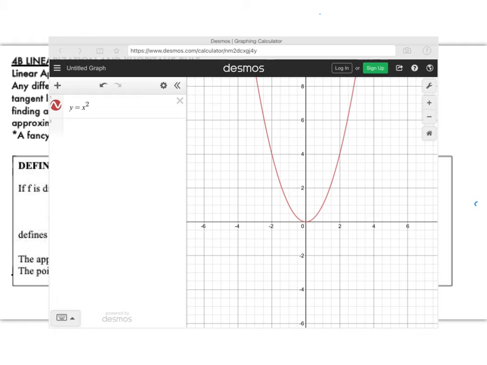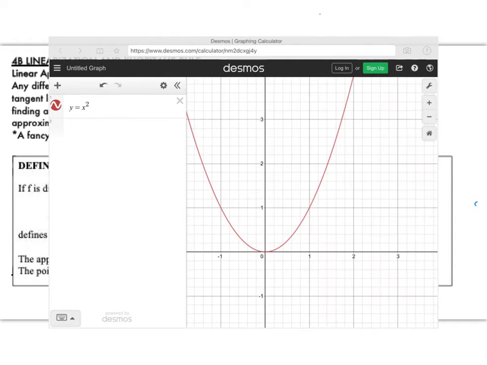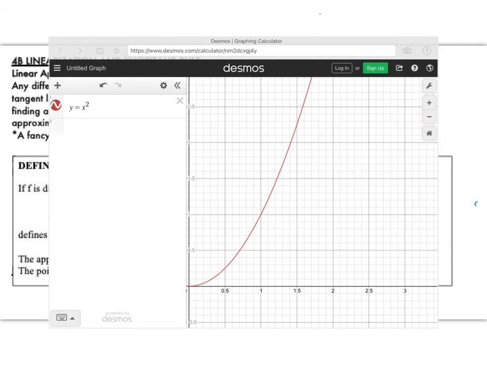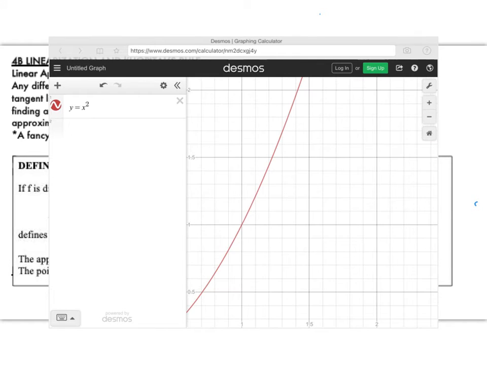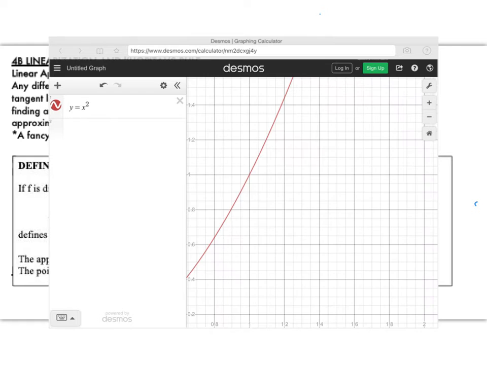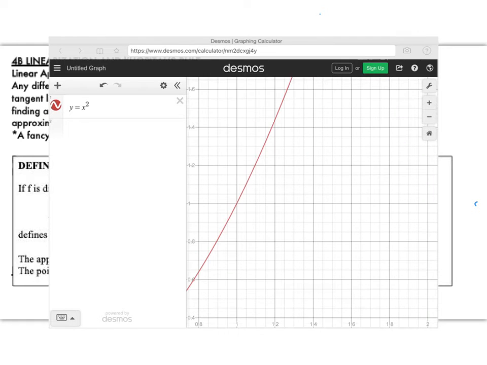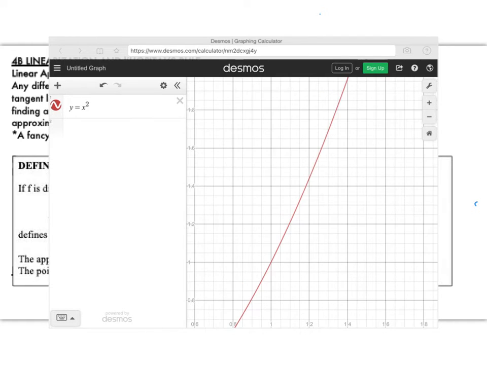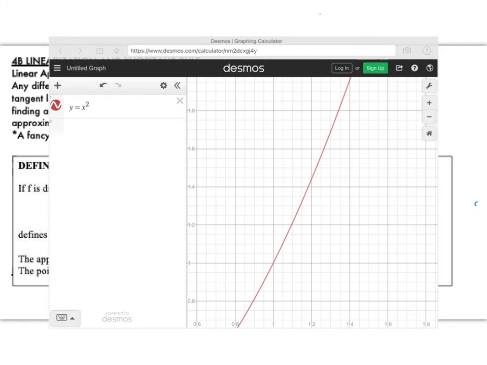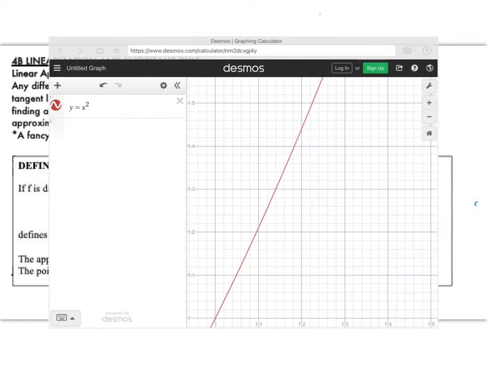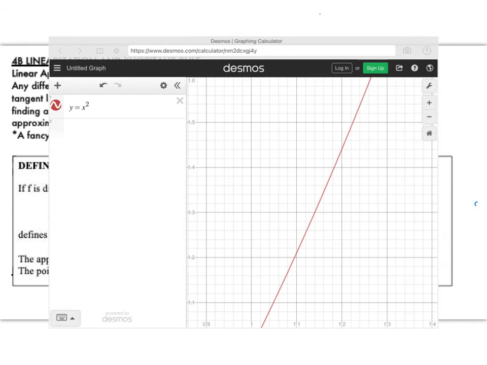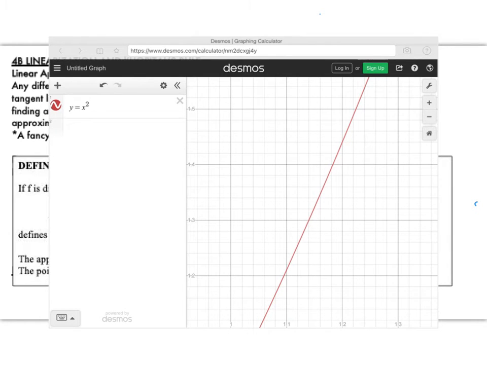And why is that? Well, watch carefully as I continue to zoom in closer and closer on an x value of, say, 1.8, or even let's go 1.2 because it's in the bottom middle of the screen here. As I keep getting closer and closer to 1.2, you notice that even though we know this is a curve, it looks like this is straightening out.